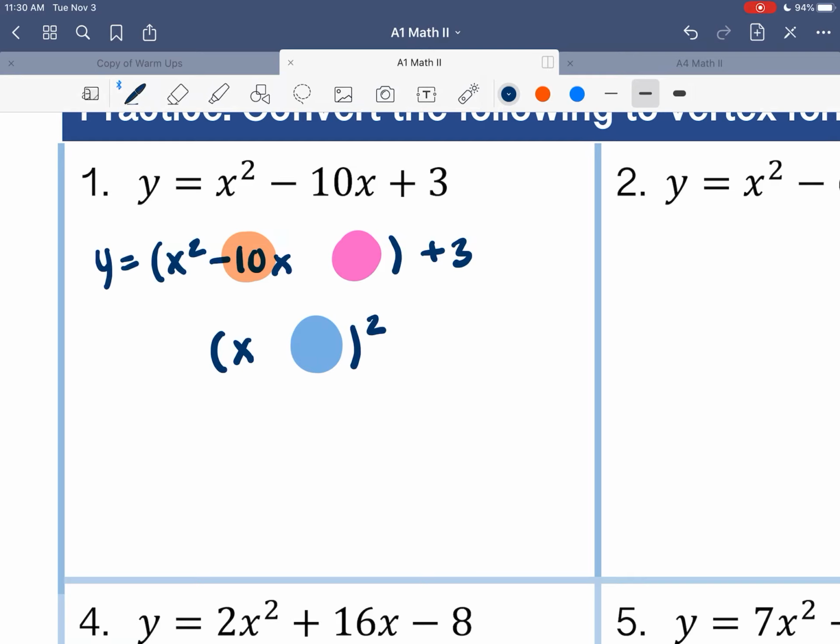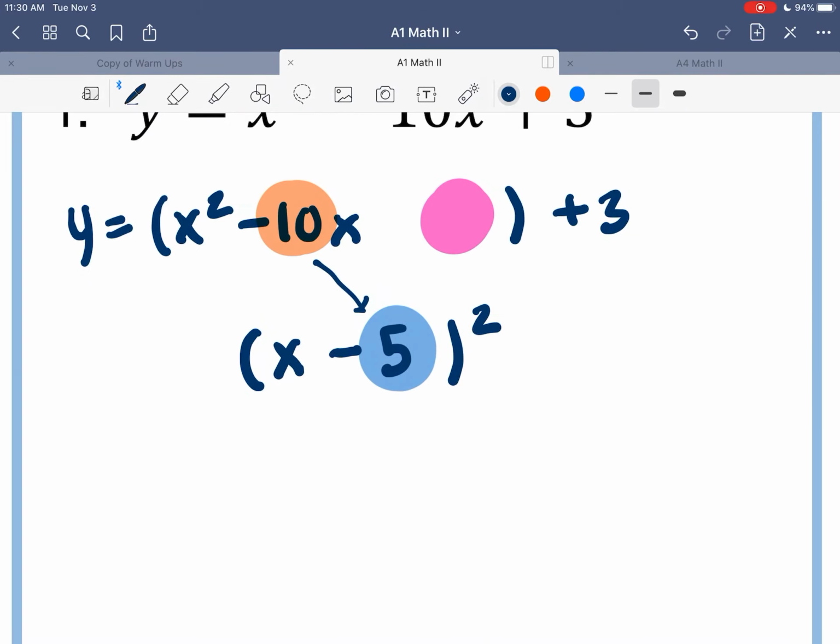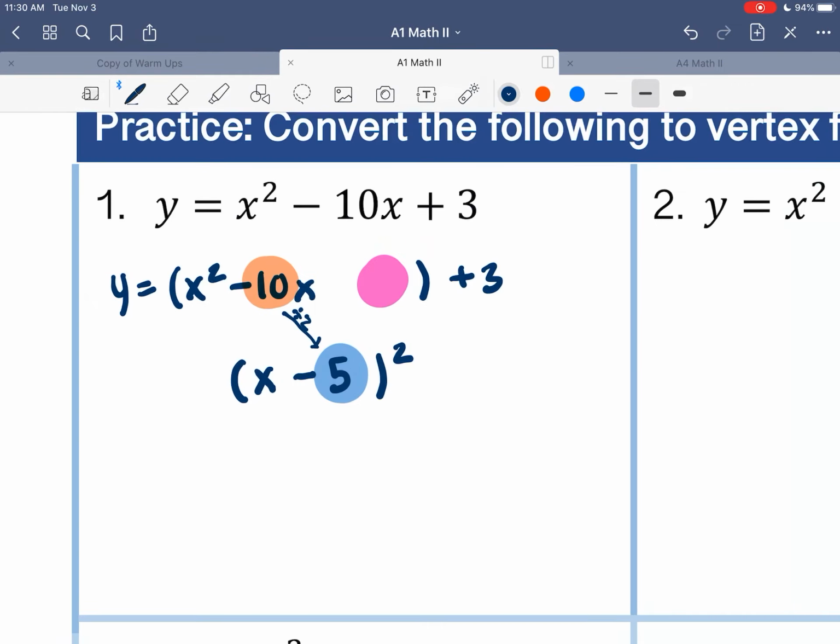So negative 10 divided by 2. Be careful about this one because it's negative. It's a minus 5 in here. That's our divide by 2. And then we square it.